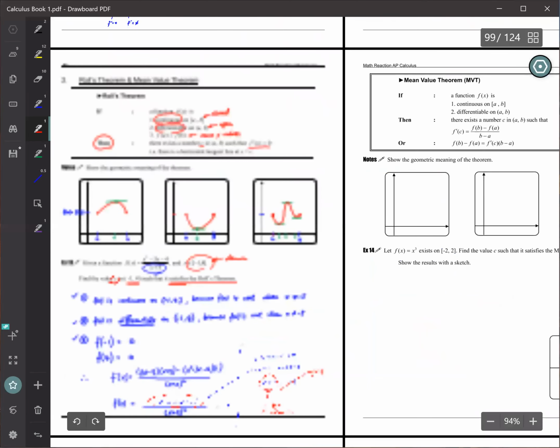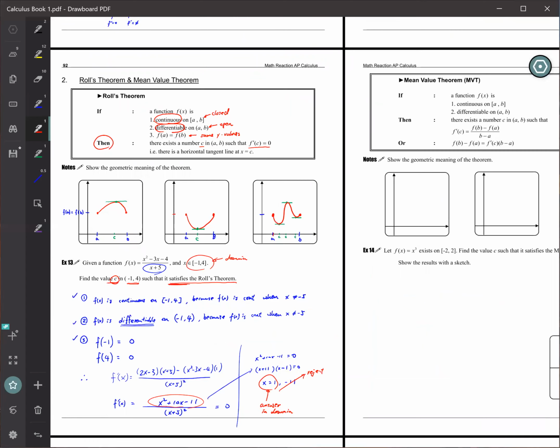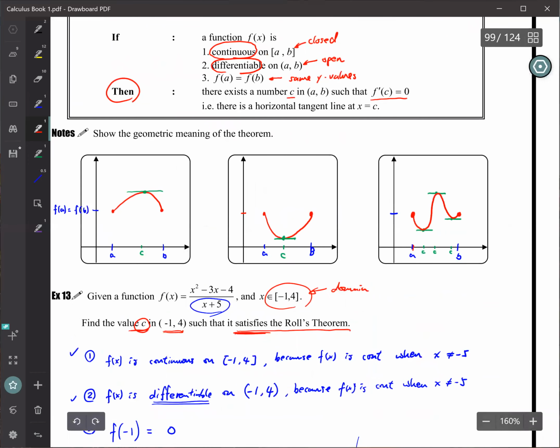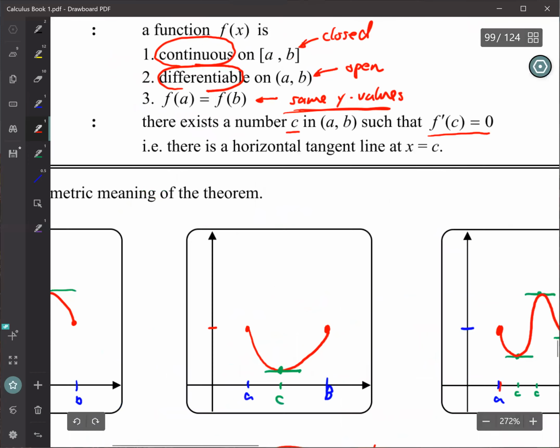All right, so the next part, mean value theorem. Mean value theorem is like an extension of Rolle's theorem, because Rolle's theorem is limited to the y values being the same at the endpoints, so the slope is equal to 0. Now, what if the endpoints are not the same, one higher, one lower? That's what mean value theorem is talking about.